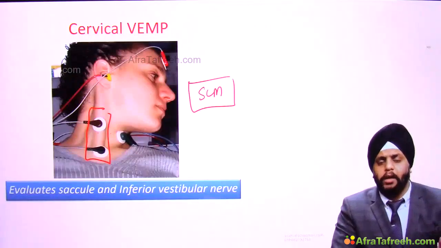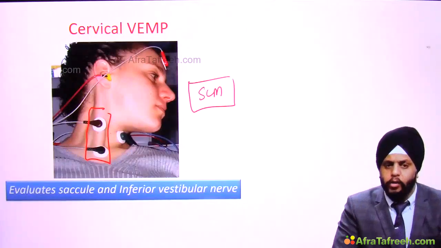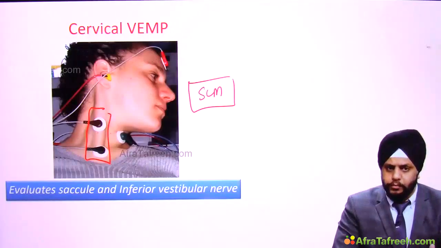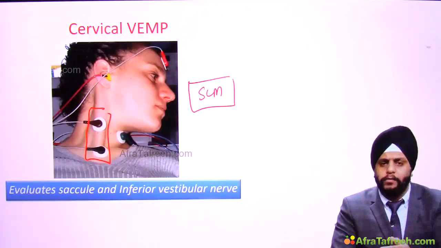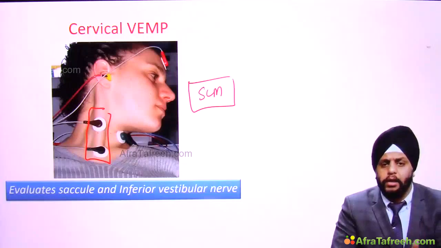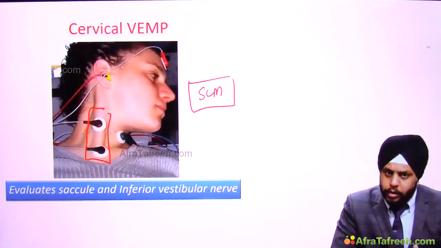So how do I remember it? SCM is below the ear. So this evaluates saccule. S for SCM, sternocleidomastoid, S for saccule. So it evaluates saccule and inferior vestibular nerve. Below the ear, inferior vestibular nerve.